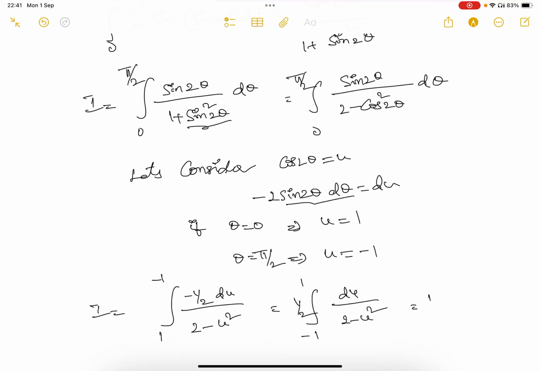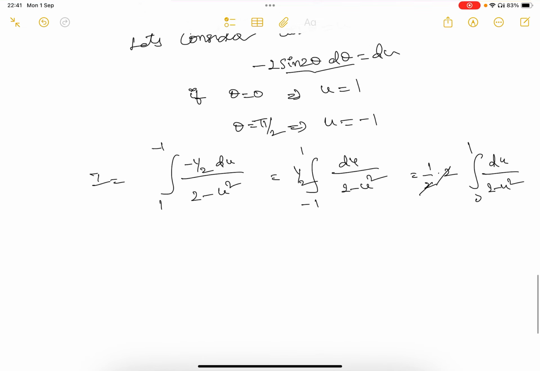This can be written as half into 2 times of 0 to 1 du by 2 minus u square, right? So I can be written as integral 0 to 1 du by root 2 whole square minus u square. You can use directly the formula 1 by a square minus x square, right? Or else you can solve this case.